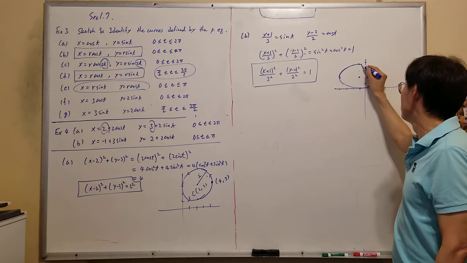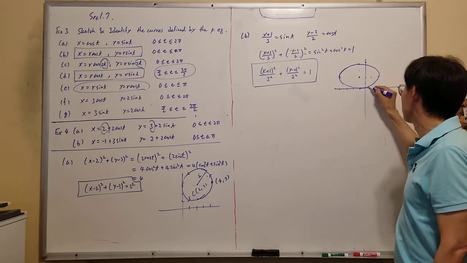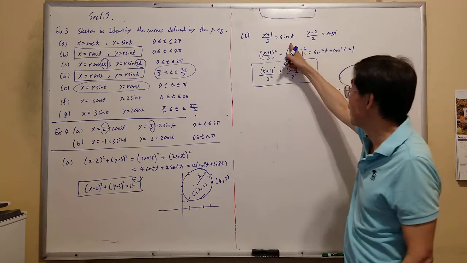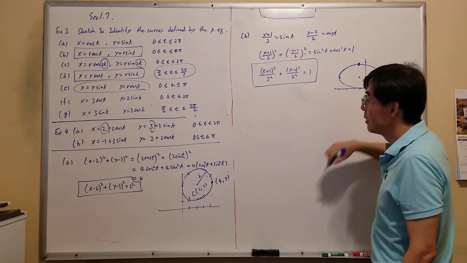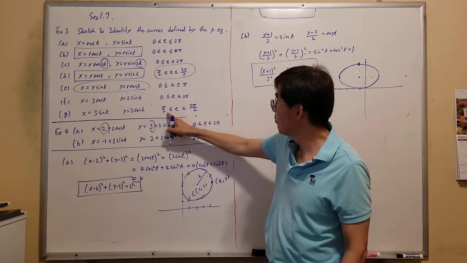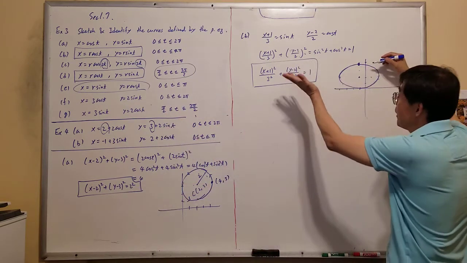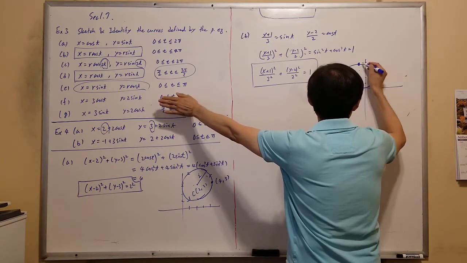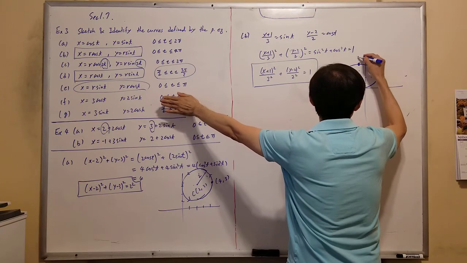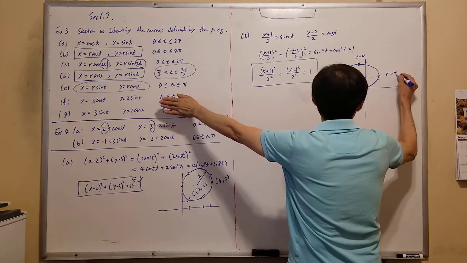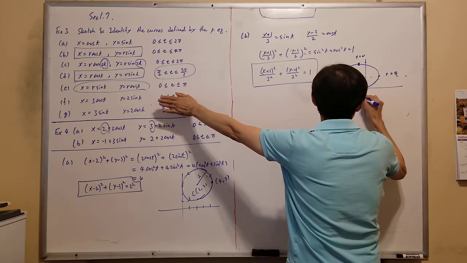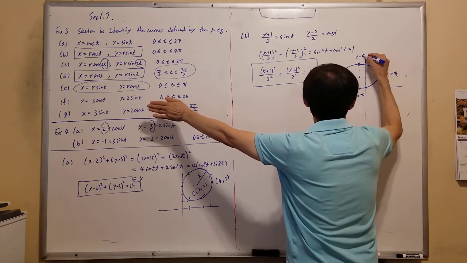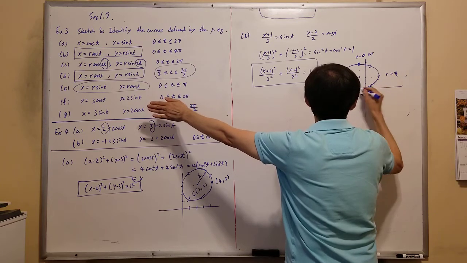That will be the case if you have t from 0 to 2 pi. And sine means starting from here. From 0 to 2 pi, it would have been starting from here all the way coming back to this. That would be t equals 0, t equals pi over 2, t equals pi, t equals 3 pi over 2, and 2 pi, going like this.